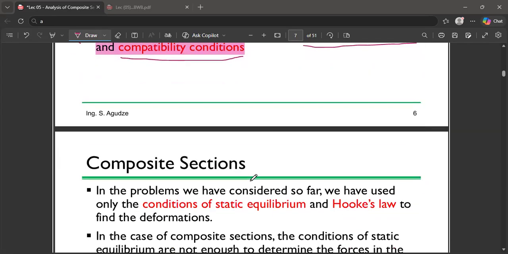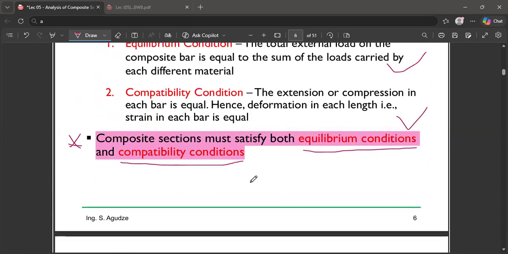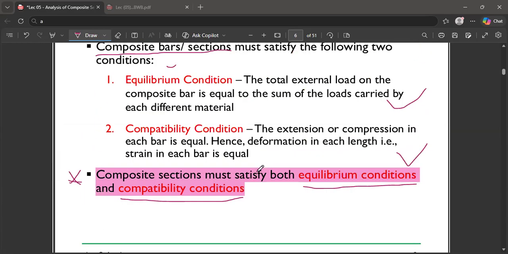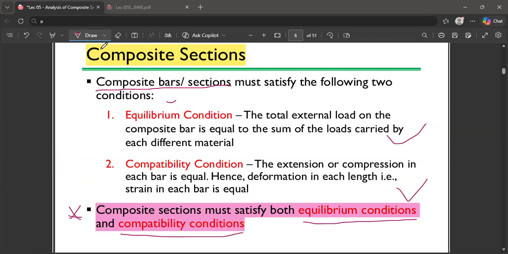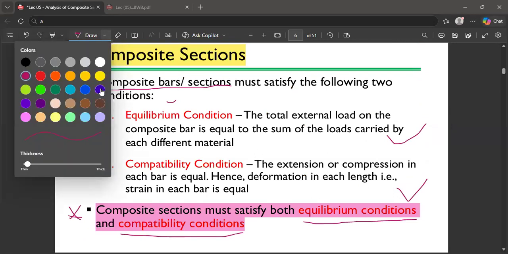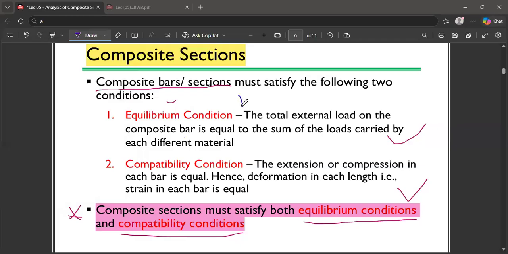Let's quickly look at this side. But before that, let's talk about the equilibrium condition and the compatibility condition mathematically. The equilibrium condition can be explained like this: the total load is equal to the sum of the loads. Let's say you are using steel and copper.